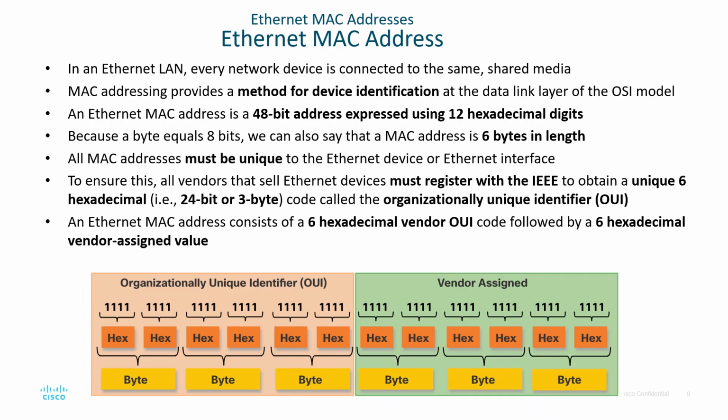So think of your OUI as something like whether Realtek developed the NIC card, or Cisco developed the NIC card, or Intel, whoever is the manufacturer of the card. The rest is the vendor assigned. The organizationally unique identifier is the one that is assigned by IANA.